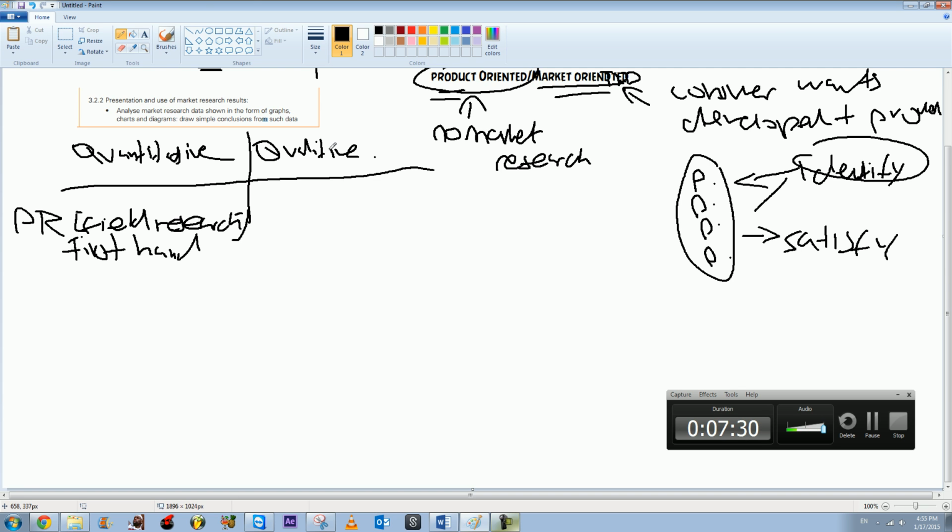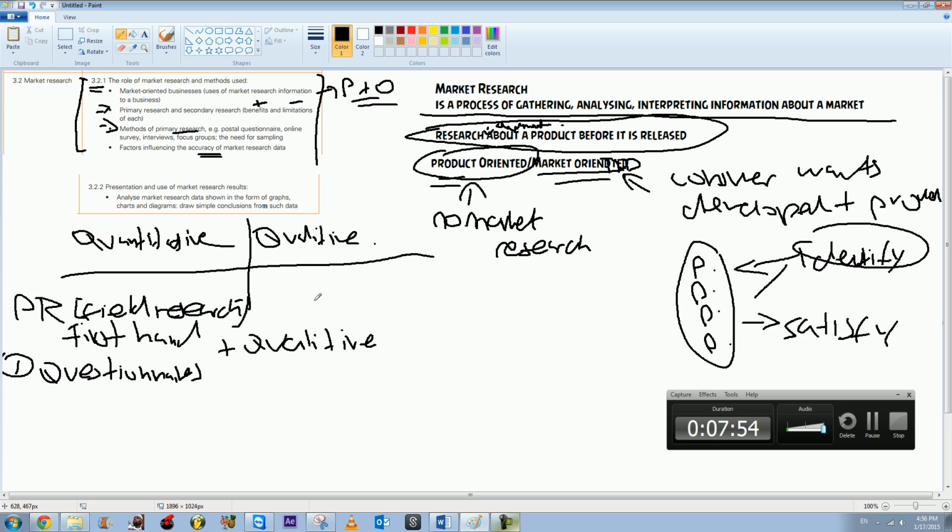So let's give a few examples, like questionnaires. This is one of the primary research examples. As I said earlier, you don't have to know these terms, but you might mention them in the positives and negatives.